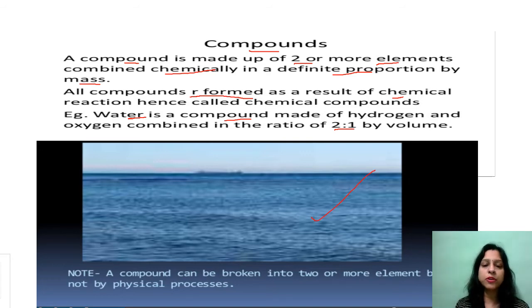And another important thing: a compound cannot be broken into two or more elements by any physical process. So by any physical process you cannot break a compound, water. If I say that by simply boiling the water it will break into hydrogen and oxygen gas, that will not be possible. There is a particular chemical method that we have to follow.